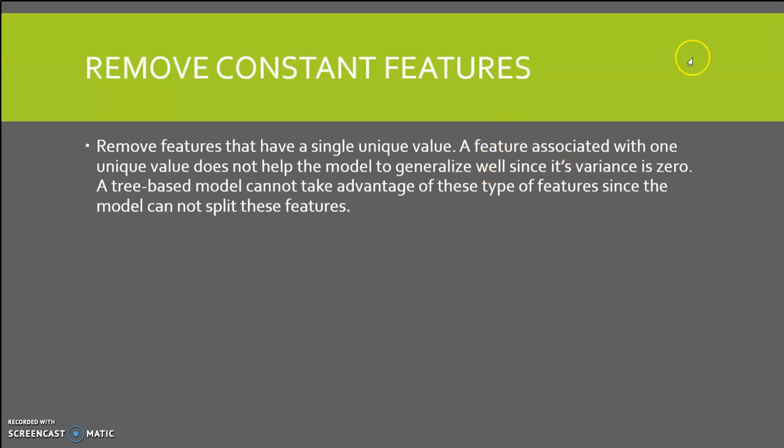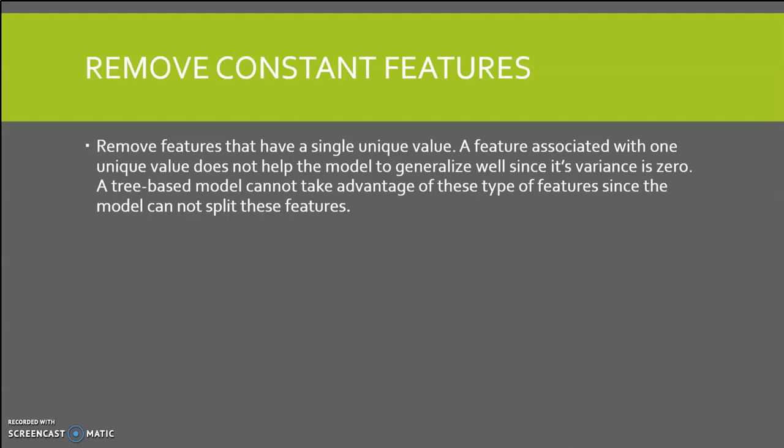The first one is when you see, for example, a feature or an attribute that has a constant value. It means that, for example, if the gender is all female, this is an indication that you should remove this attribute, because it is not discriminative, it is not significant, it is not informative.